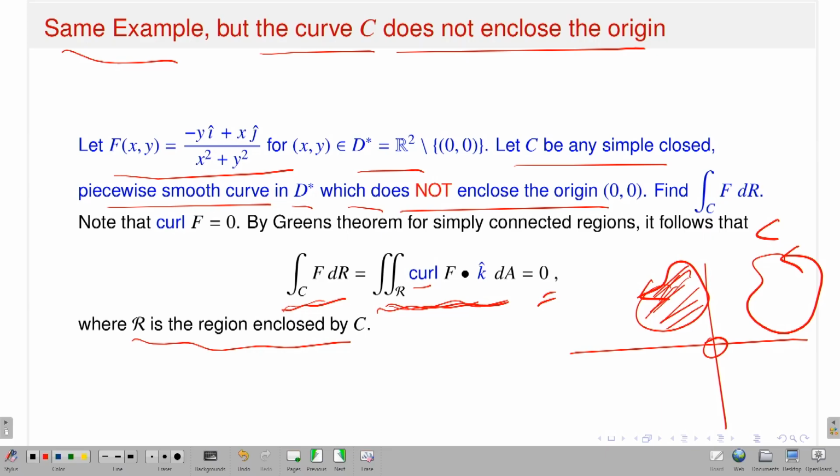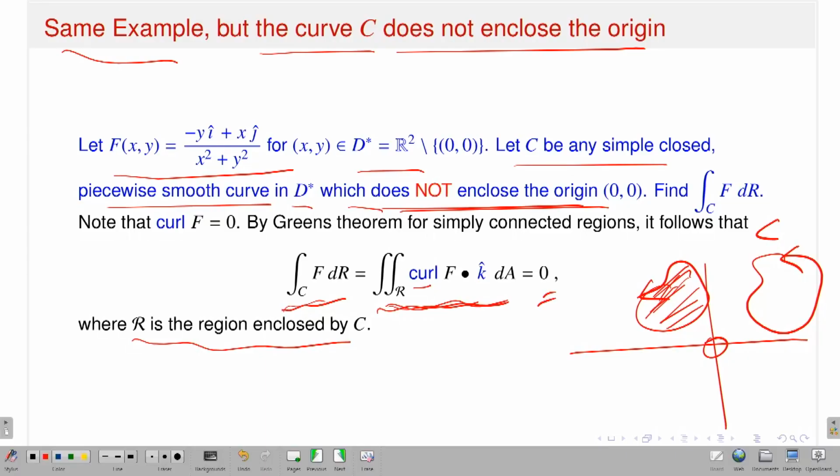So, the only problem you will face is if I take a simple closed piecewise smooth curve in this star enclosing the origin; there the vector line integral is non-zero. But if I take any simple closed piecewise smooth curve in this star which does not enclose the origin, then it will be this kind of simple closed piecewise smooth curve, and if I take the interior region bounded by C, then it is a very nice domain.